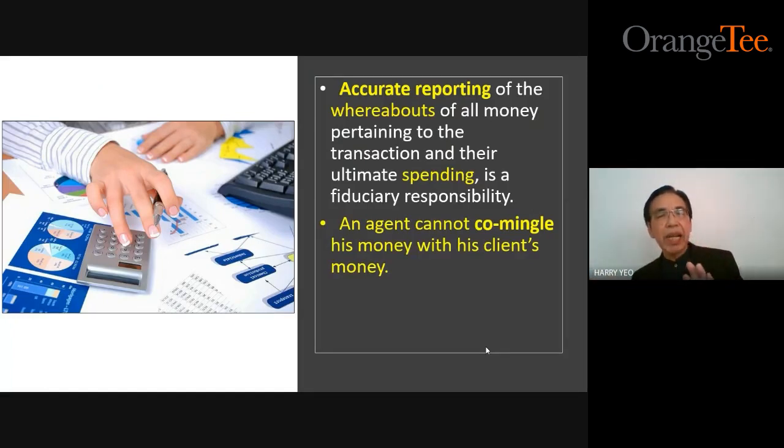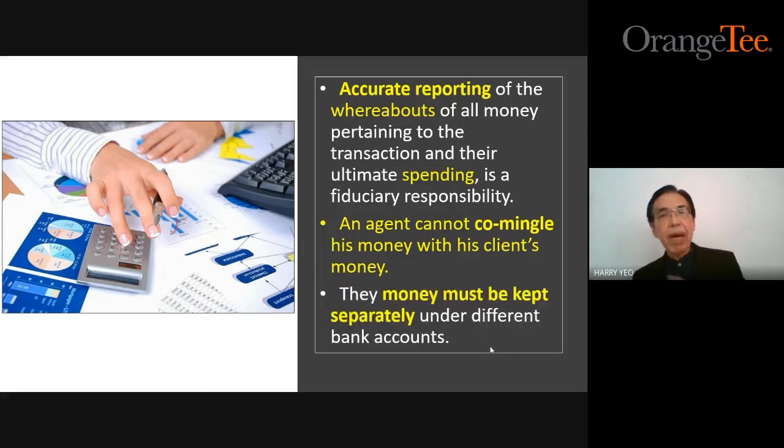Clients' money, if you should collect it because you're doing property management or private rental and it's a special arrangement, is put under a separate client's account or separate bank account. Your money is under your account. You cannot mix the two. By commingling, you have breached the fiduciary duty of accounting, so the money must be kept separately. We should not be collecting money in the first place, but sometimes due to special arrangement, because the client is overseas and they instruct us, we oblige.